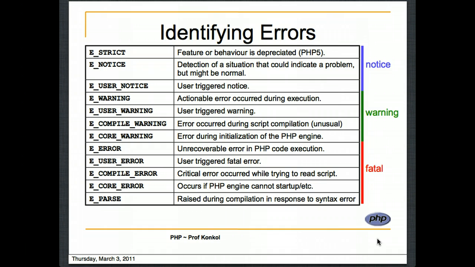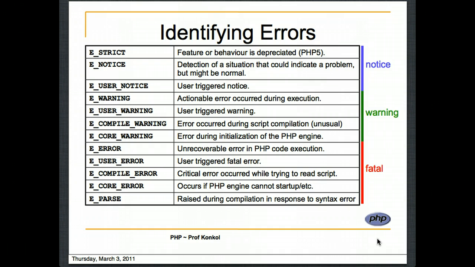So there are some codes you can use at the top of your code to call specific errors. E_STRICT means a feature or behavior was deprecated in PHP 5, so it's no longer used. E_NOTICE detects a situation that could indicate a problem but might be normal.